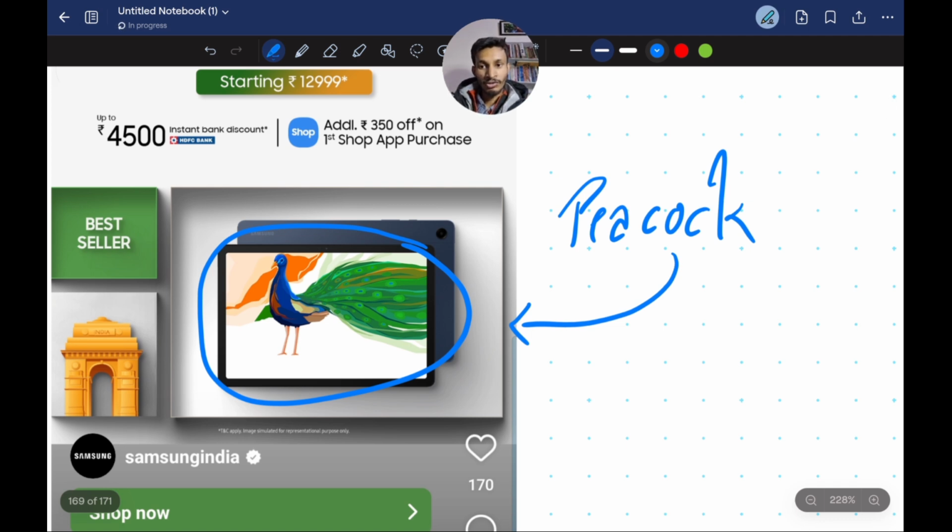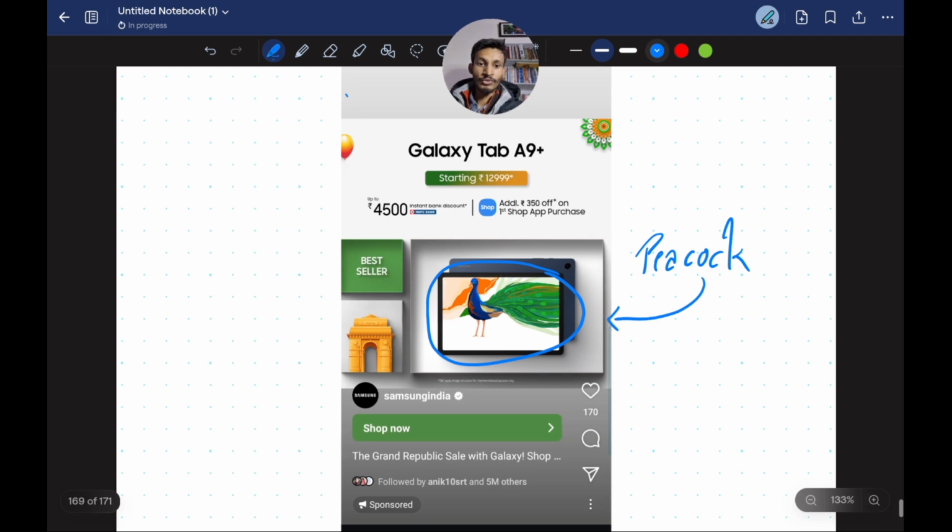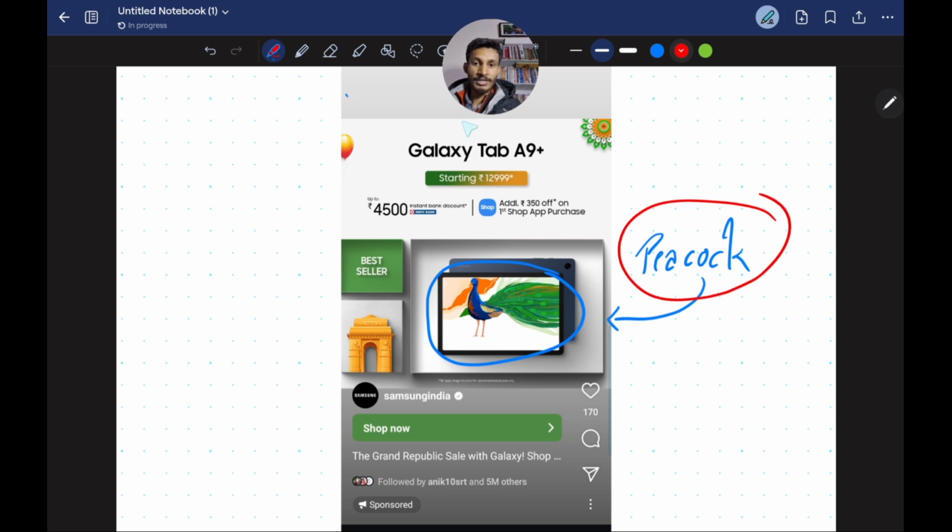It has been drawn, that is what I am assuming, on some application on this tab or whatever. But yes, I do like that they have used our national colors, and also the national bird of India as well. That was very thoughtful from Samsung.